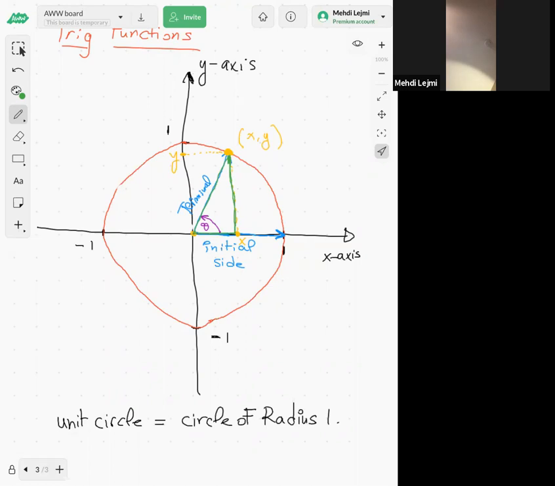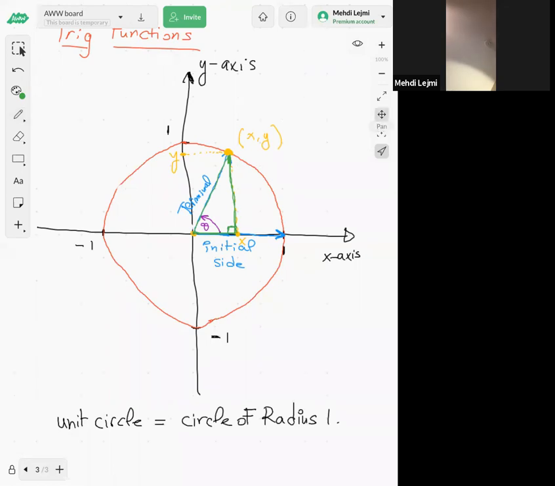Here's your right angle, this is 90 degrees. Now the sides of this triangle. The terminal side is the hypotenuse of your triangle, right?